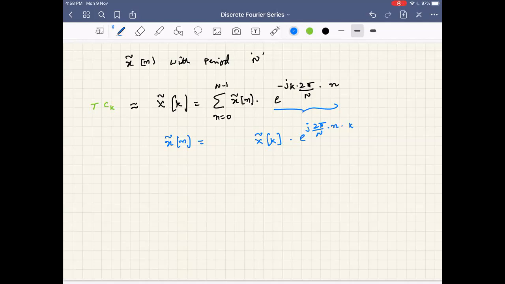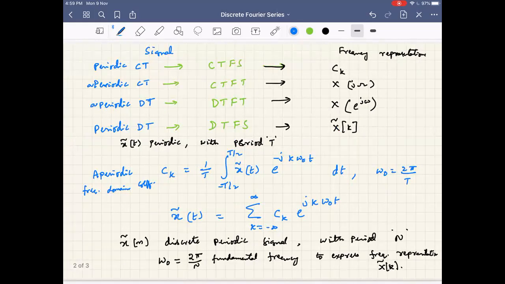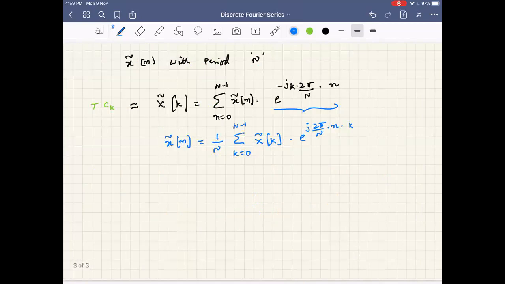But the summation should be over k equal to 0 to N minus 1, and it is not from minus infinity to infinity. And there will be a normalization factor 1 by N. Since we have observed a kind of normalization factor in this expression, there will be a normalization factor in the other expression, x tilde of n.